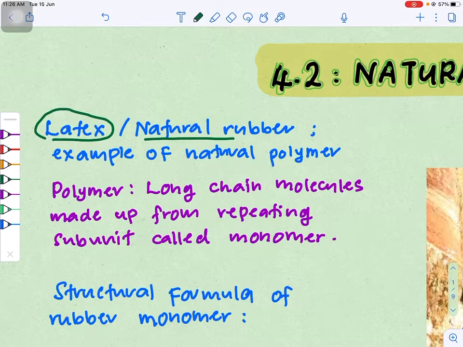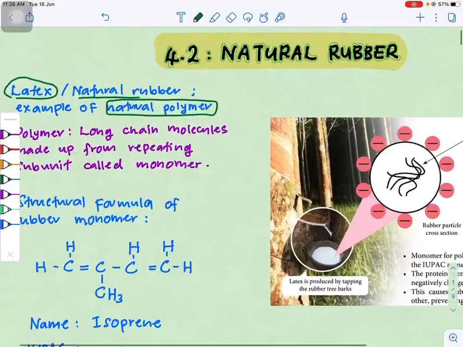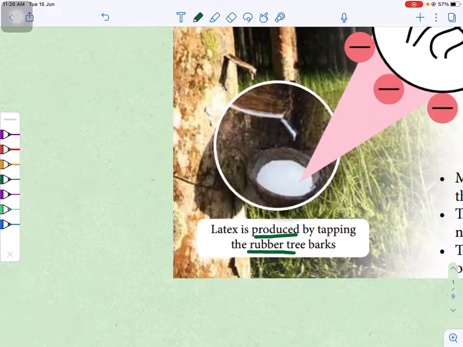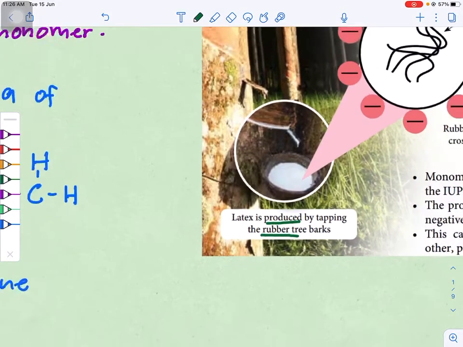We focus on latex or natural rubber because it is one example of a natural polymer. Why? Because everyone knows latex is produced from the rubber tree. So from a natural source, that's why latex is considered a natural polymer.